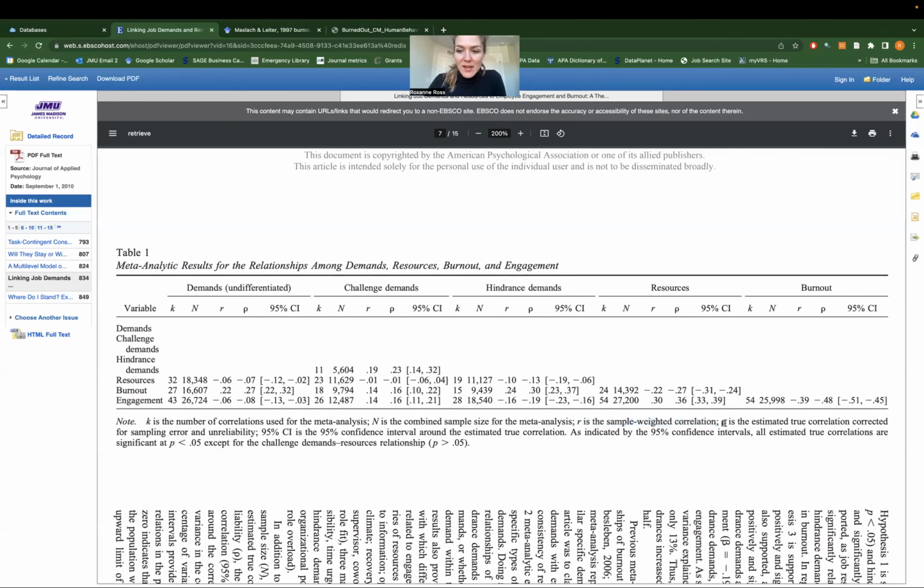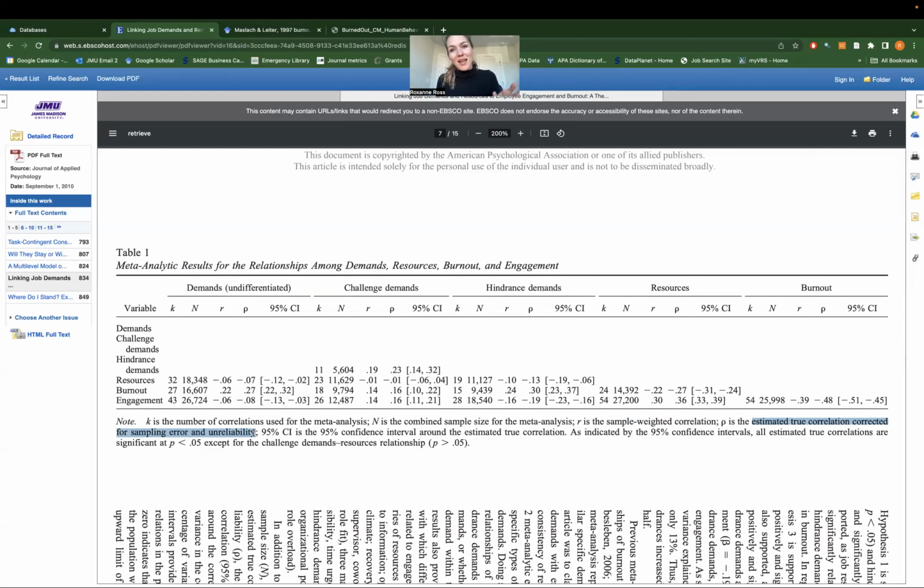Now, you also have this other symbol here that looks like a fancy p looking thing. This is called rho. And rho is the estimated true correlation correcting for sampling error and unreliability. There's a fancy way, if you're doing a meta-analysis, to remove error from the statistic.